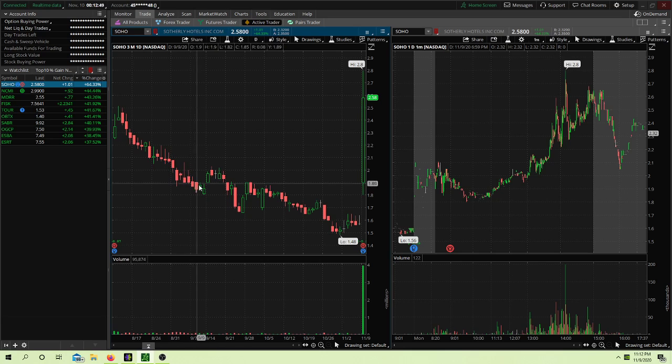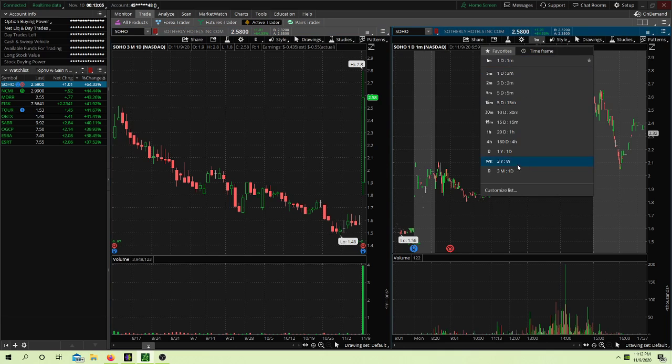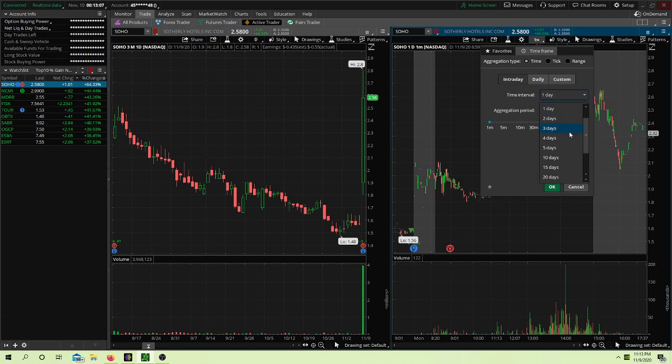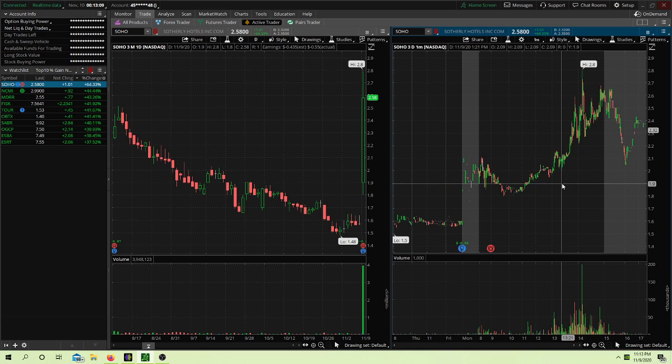Each one of these candles is 1 day within a 3 month period, and this is 1 minute candlesticks and 1 day. So this was today. And sometimes I like to look at 3 days, as we could go right here. It gives you a bigger time reference and see how active it was.